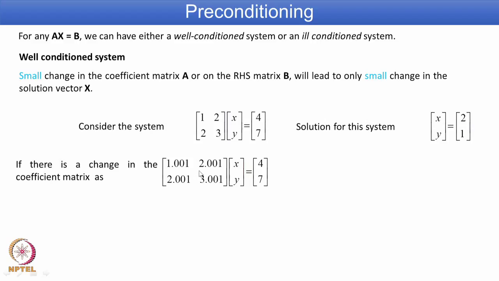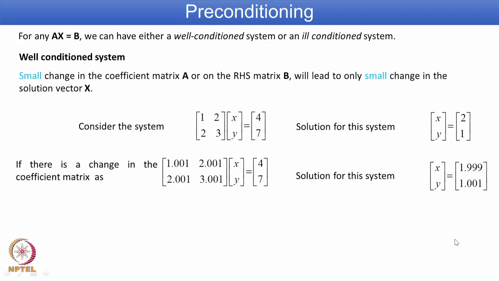Similarly, the other elements are 2.001, 2.001, 3.001. The solution vector remains the same, and the right hand side also remains the same. For such a system, where there is only a small change in the coefficient matrix, the solution will look like this: x and y equal to 1.999 and 1.001, and you can observe that these values are very close to the original values of 2 and 1.